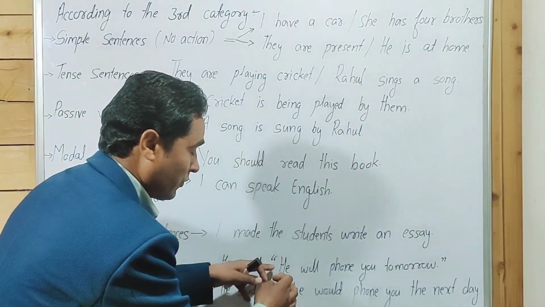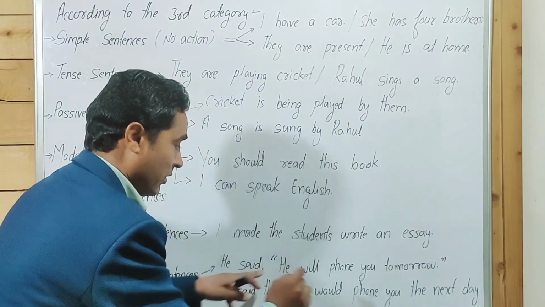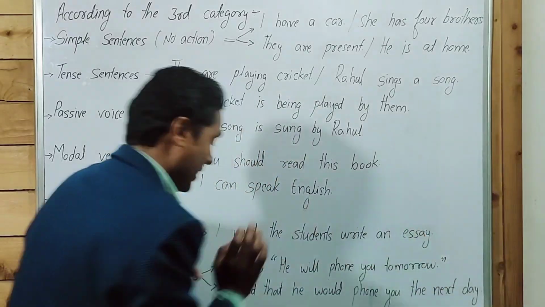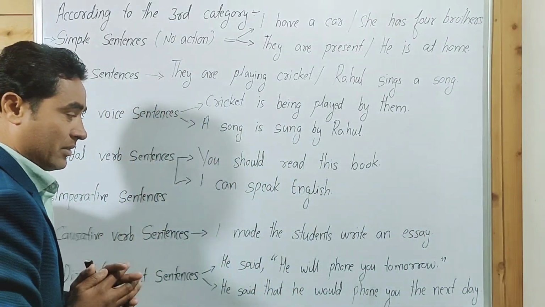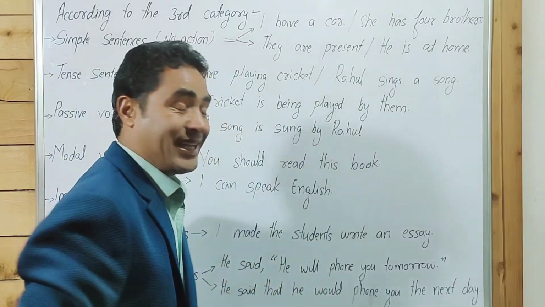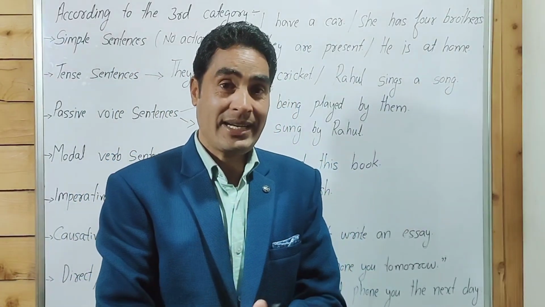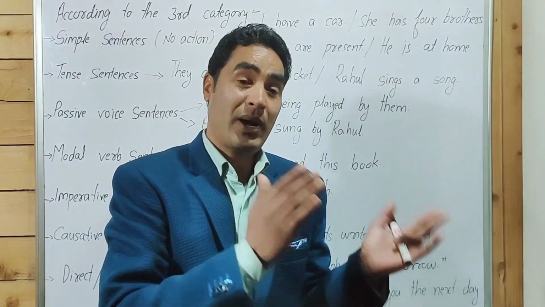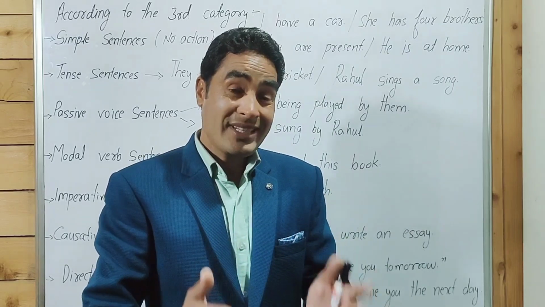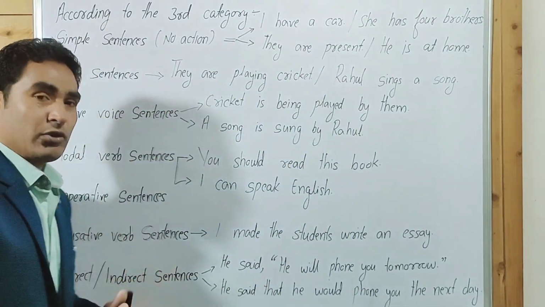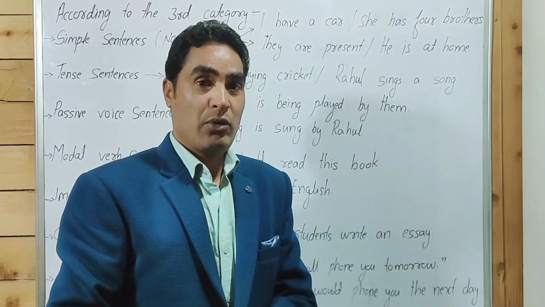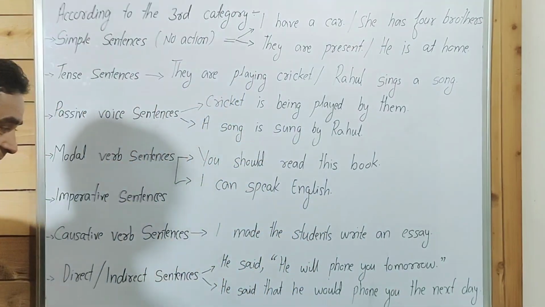We first remove the comma and inverted commas and write that in place of them. And second, we change tenses: present tense into past tense, past tense into past perfect tense. I will make you understand each and everything, but today I would love to give you an overview of these types of sentences.